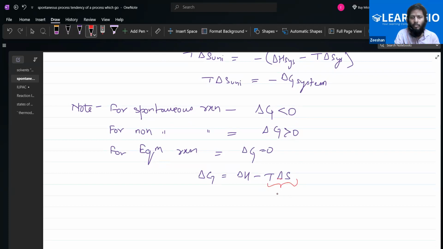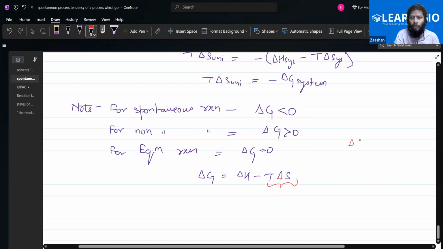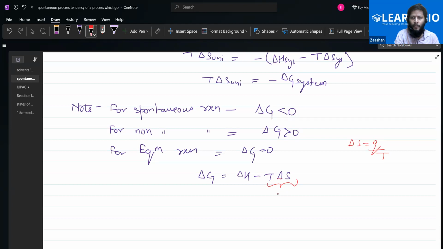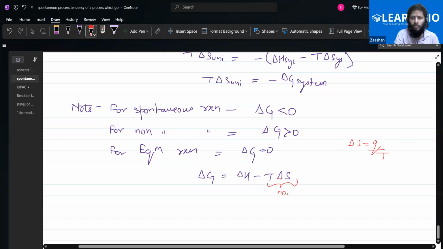So this is like delta S is equal to Q by T. So T delta S is equal to Q, right? So this is non-useful energy.